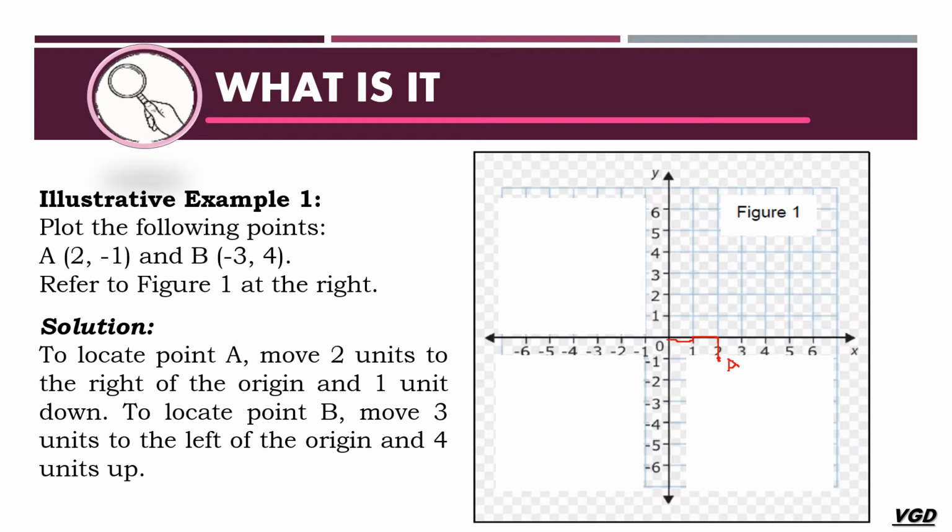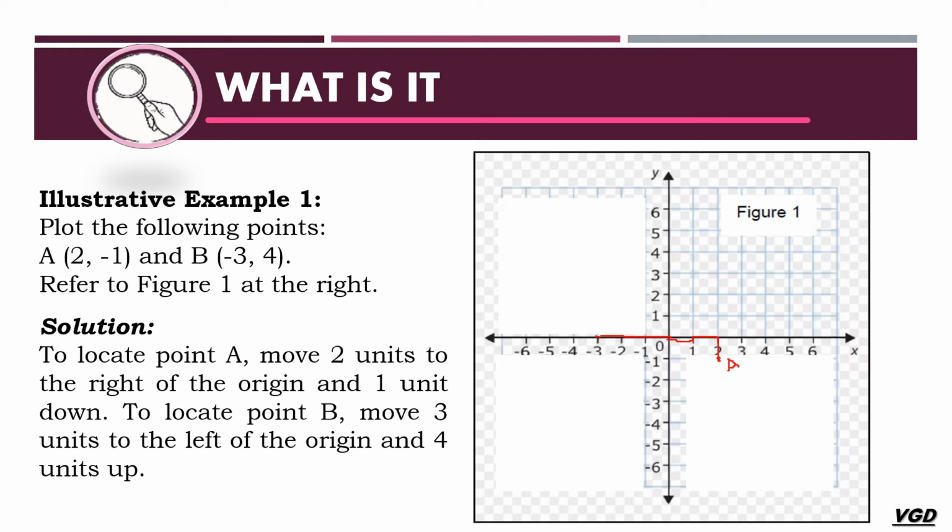Next, to locate point B, you have to move 3 units. Since the abscissa is negative, we need to move 3 units to the left. So 1, 2, 3. And take note, we need to move 3 units from the origin. So we get here -3. Next is, since the ordinate is +4, we need to go up.